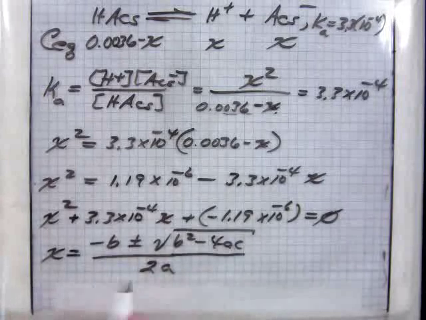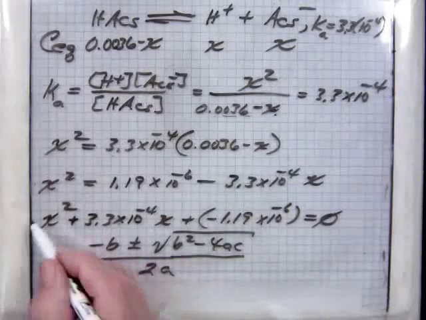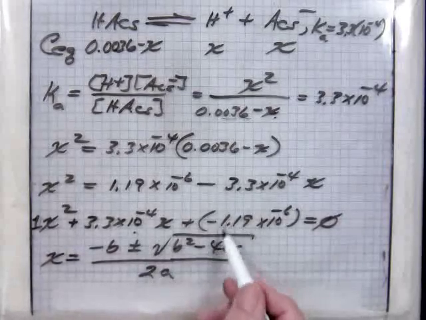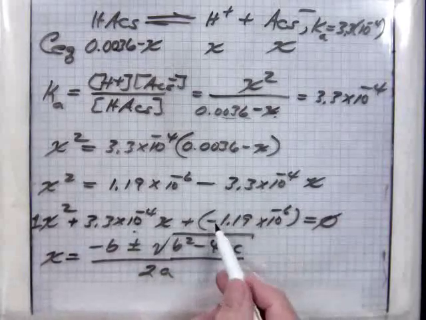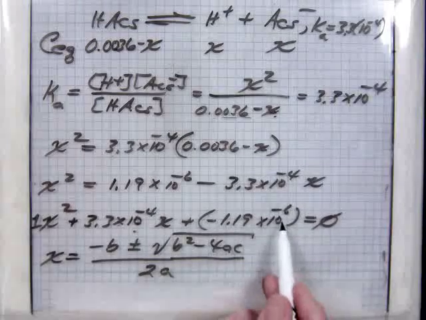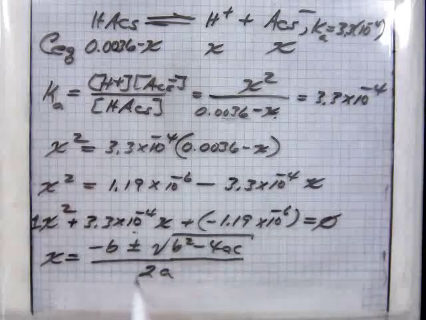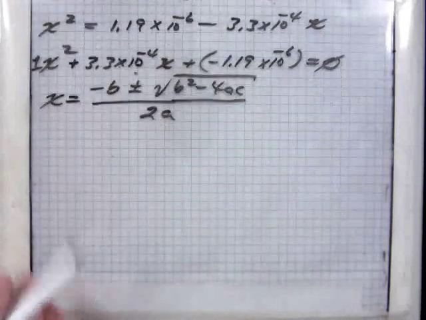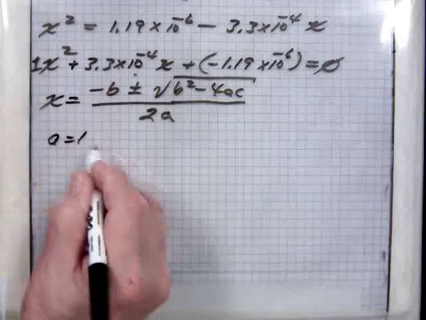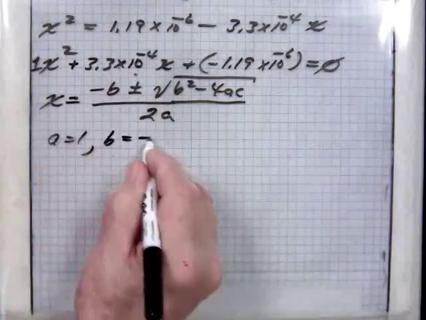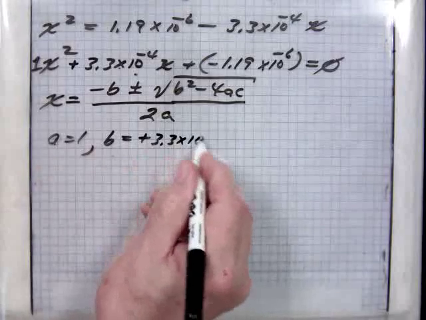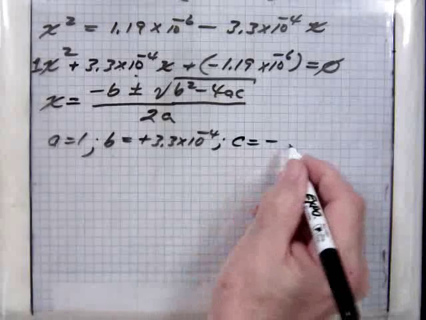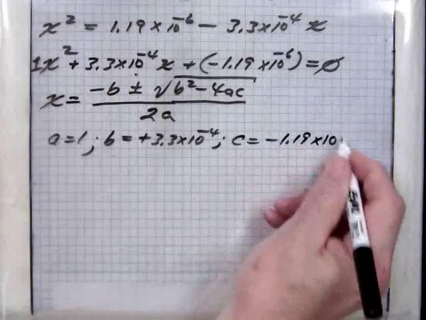And so you identify a is 1, b is 3.3 times 10 to the minus 4, and c is a minus, that's why I put it in parentheses, a minus 1.19 times 10 to the minus 6, and we substitute and solve for x. So I'll bring this down here with a equal to 1, b equal to a plus 3.3 times 10 to the minus 4, and c equal to a minus 1.19 times 10 to the minus 6.